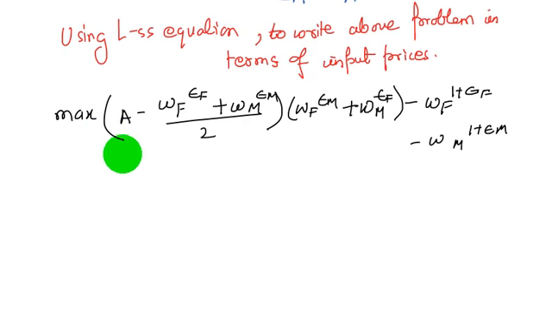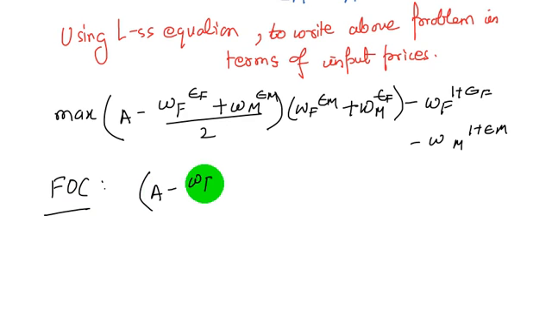So let us see the first order conditions written over here as FOC. Therefore FOC is A minus (WF epsilon F plus WM epsilon M) whole divided by 2. I'll do all this calculation in one go so that you can see it all at once.